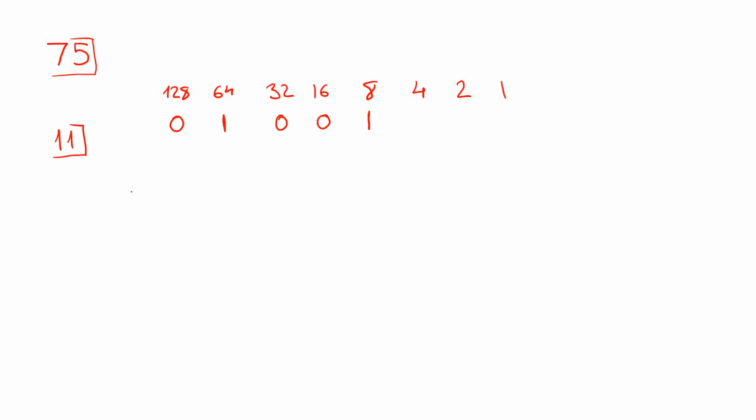So then 11 minus 8 gives me the number 3, like so. 4 is too large to represent 3, so we're going to put a 0 underneath that. 2 can represent part of 3, so we're going to put a 1 underneath that. And we are left with representing 1, which we can just do so with the last value here. And 1 minus 1 gives us 0, like this.